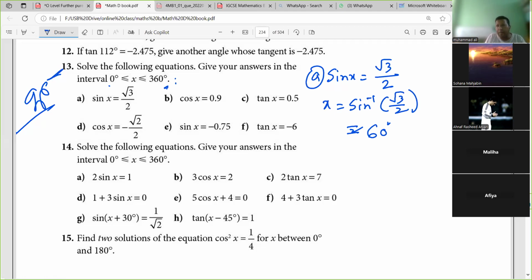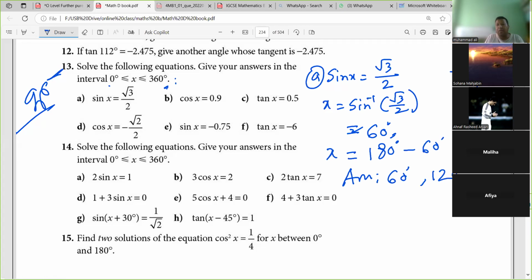You have to remember sine is positive in the first quadrant and second quadrant. This result lies in the first quadrant. Another result in the second quadrant: x equals 180 degree minus 60 degree, so it will be 120 degree. Finally, these two answers: 60 degree and 120 degree.